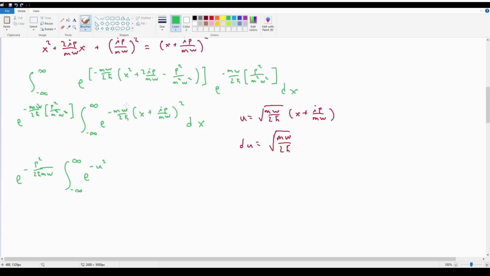And then, I forgot to add the dx back here. dx is now equal to the square root of 2h bar over m omega times du. This is going to give me the square root of 2h bar over m omega times du.